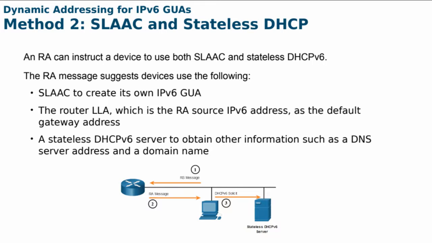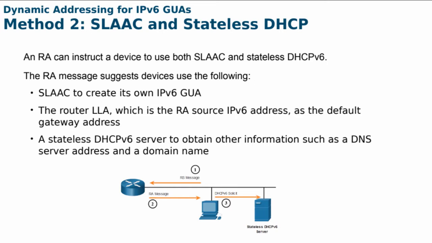So when I receive the advertisement using ICMP, I know that this is the router IPv6 address. Then I will use it as my default gateway, because I know this is my router. The router told me I am the router, I am the boss, I am the gateway.